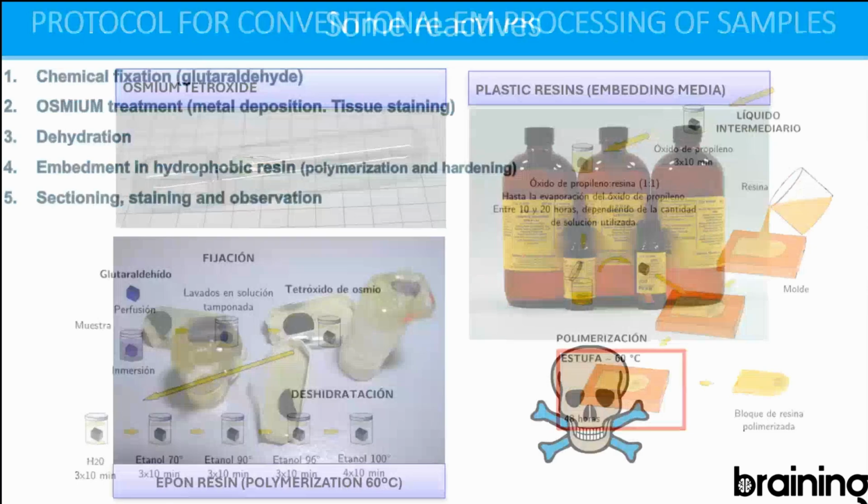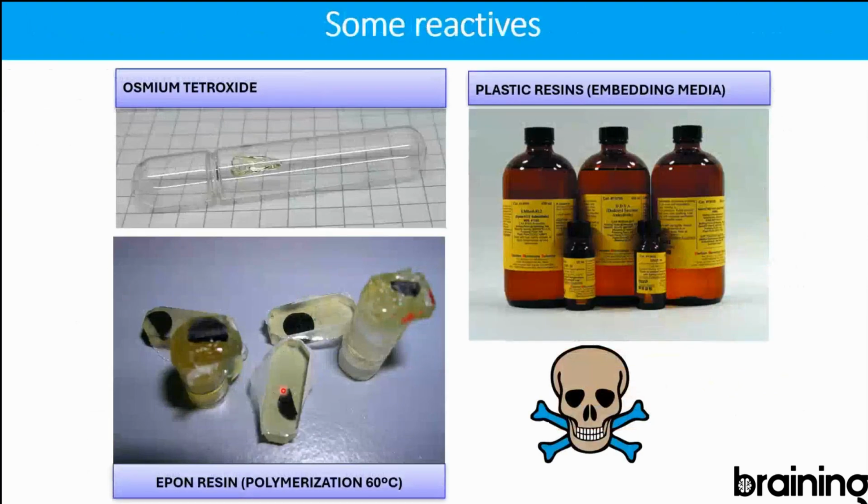The result looks like this. These are actually pieces of eyes, the examples that I use most of the time, mouse eyes embedded in this mold. And as you see, it's a very strong, polymerized resin or plastic. Actually, it's a plastic.